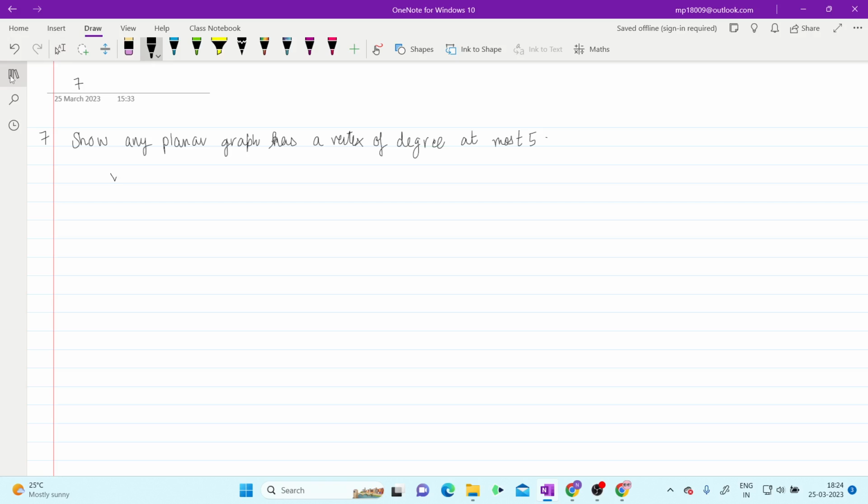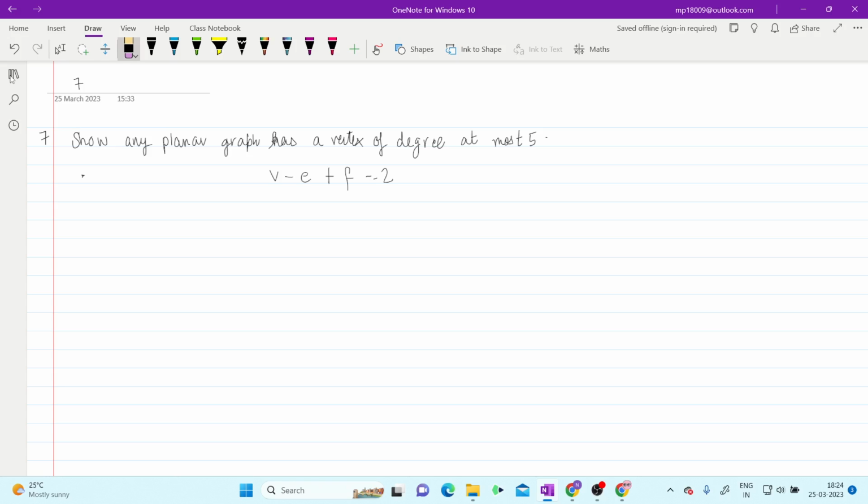So for a planar graph, we have the relation V minus E plus F is equal to 2. Sorry, V minus E plus F equal to 2.